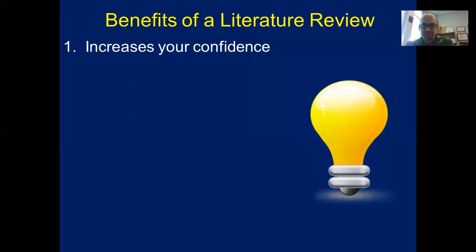The benefits of a lit review, it increases your confidence. So it's really important to go back and go through the literature, because really what you're doing is you're learning. You're learning about either a particular crop or a particular animal, and you're getting to understand a lot more about it.